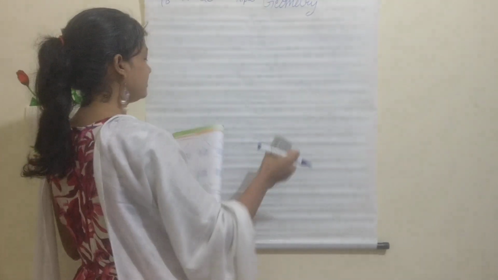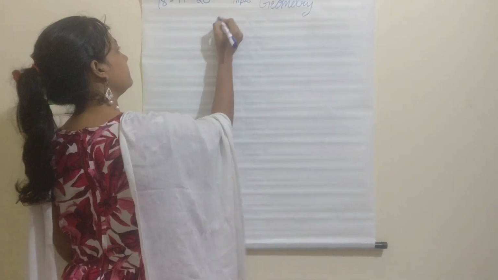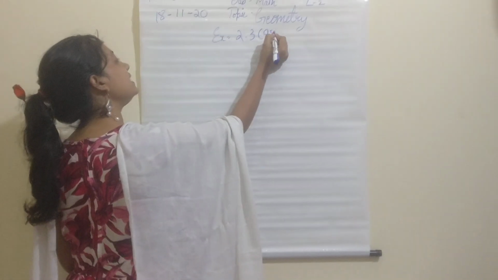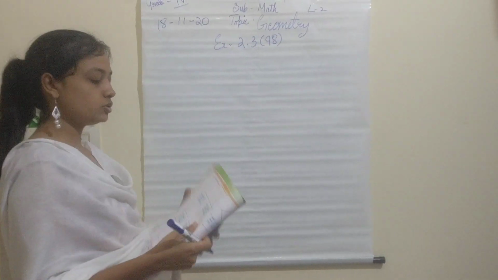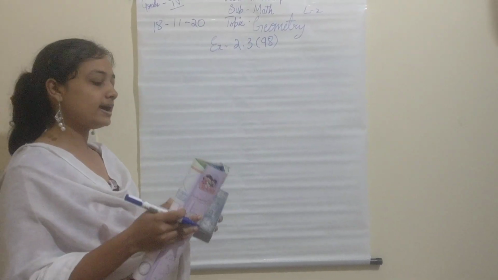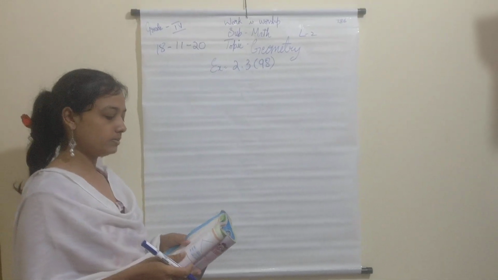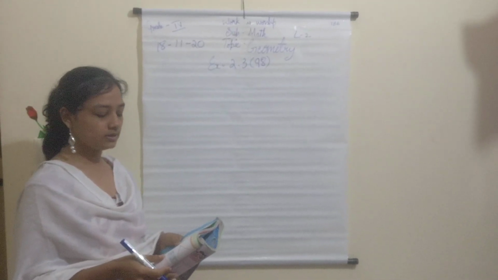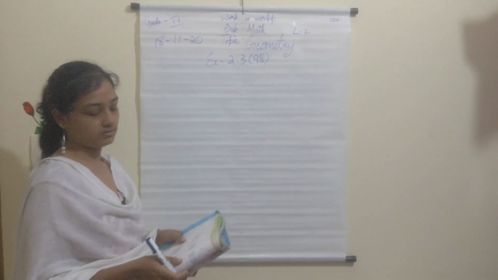So the exercise 2.3, page number 98. So refer to the questions in your textbook and I'll be writing the answers for you. I've already done the first one for you. So let's go for the second one.